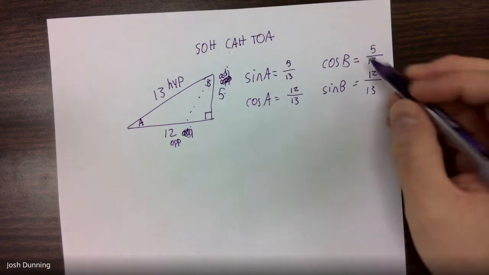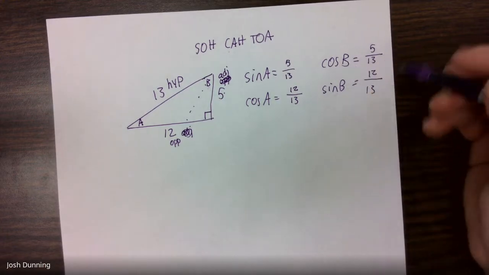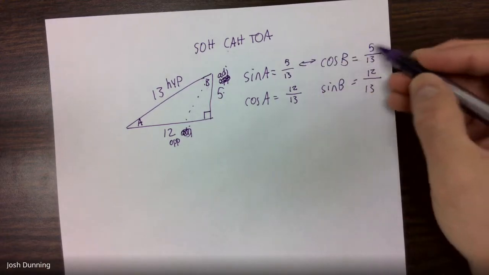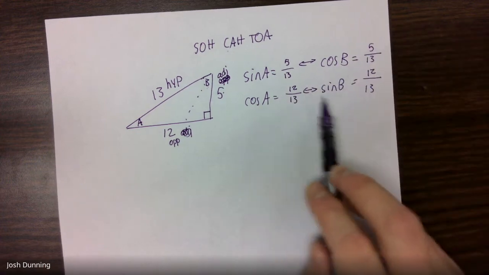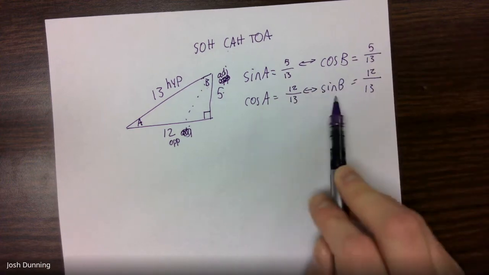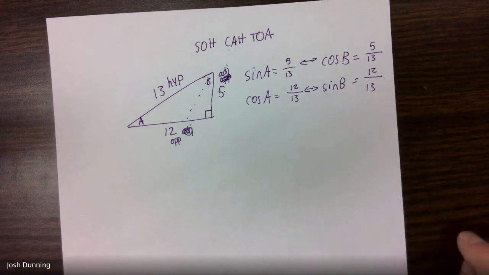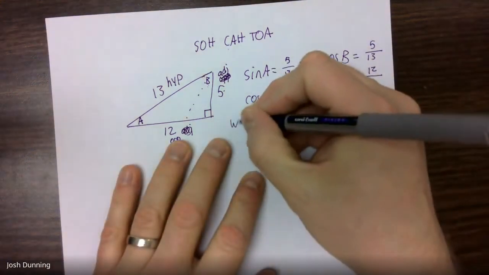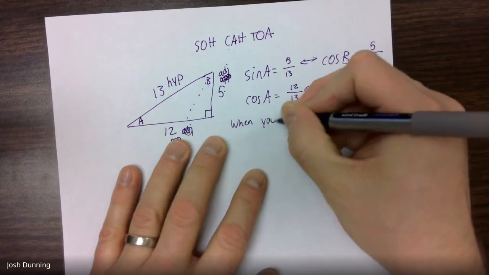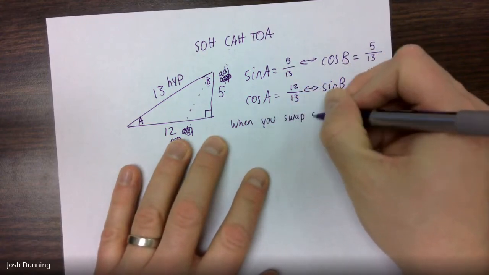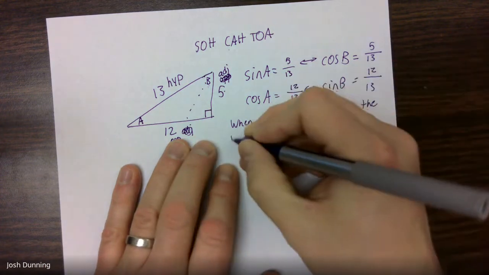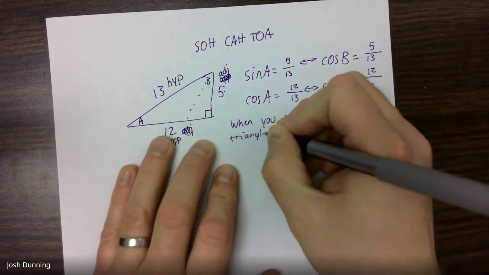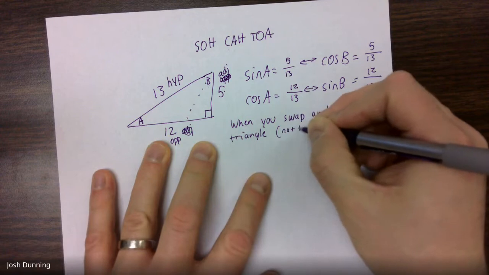So look, and the reason why I had cosine on top here is those are the same. And cosine of A is equal to sine of B. So when you swap angles in the triangle, again, not the 90.